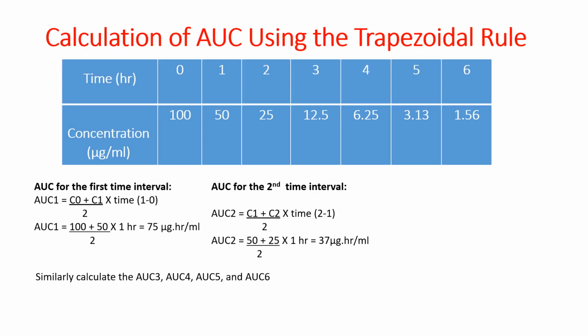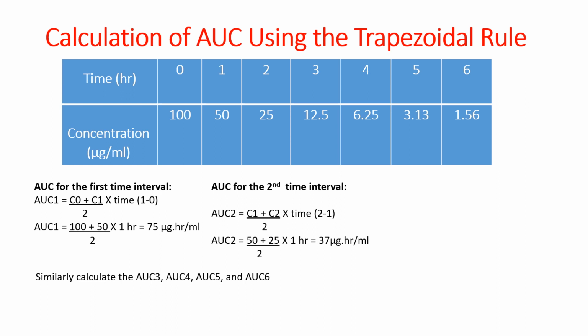After administration of the IV parenteral drug to the patient, we have some blood concentration of drug present in the plasma. At 0 hour, the concentration of drug in the plasma is 100 microgram per ml.